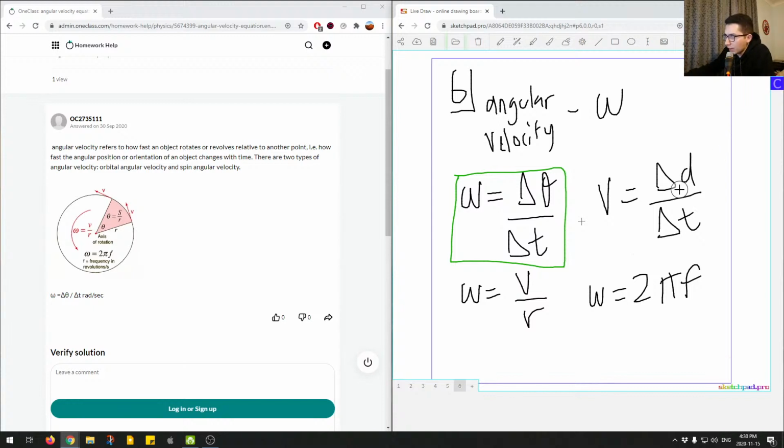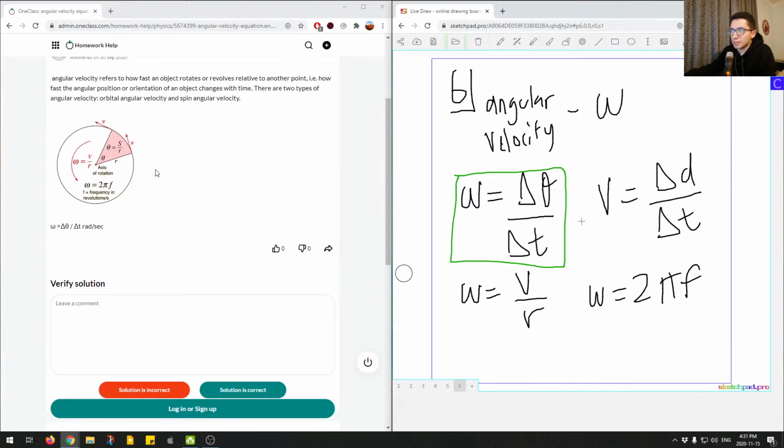So we can see right away how these two mirror each other. Here we're using a linear change in position, and then here we divide by time. Here we're using a change in angle, dividing by time to get angular velocity versus linear velocity.